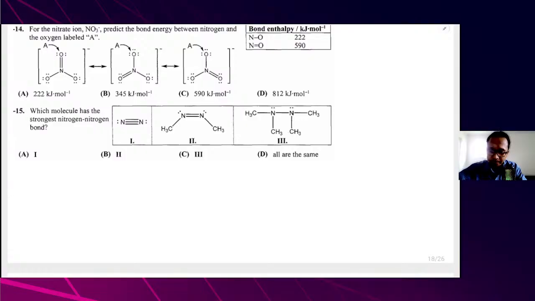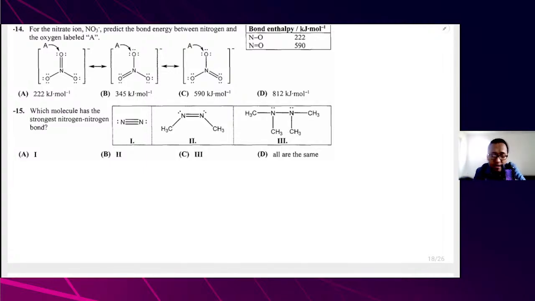This is the concept about resonance and bond order and how it affects the average bond energy in a molecule. First of all, eliminate incorrect answers with logic. NO3 has three resonance structures, kind of like this one, each with one NO double bond. But in reality, all NO bonds are equivalent across the resonance structures.